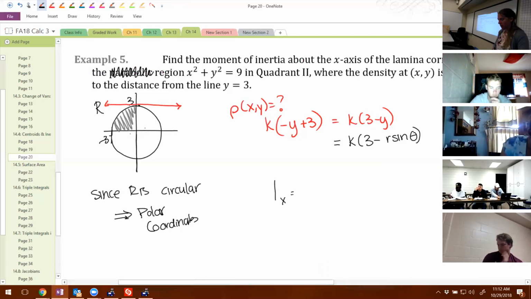All right, so inertia at the x-axis, again, on the bottom of the previous page, kind of gives us a format for this. I'll leave a little space, we'll look back to that in a minute. We are going to have y squared, but we can't leave it as y, so we're going to have to write this as r sine theta squared. Usually it should be y squared, but we're converting to polar coordinates, so we have to convert that part too. And then times our density, which we already converted.